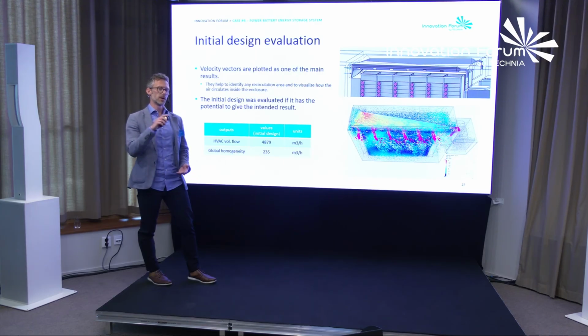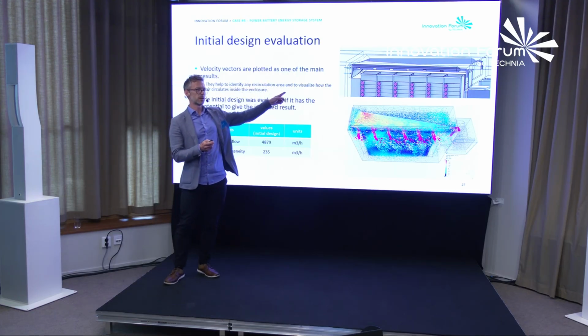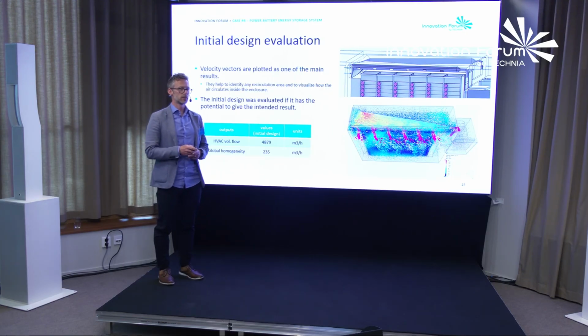And we want to decrease that, meaning if that becomes small, we have an even distribution of the cold air. This is the initial design, how it looked from the beginning. You see there are 6 holes, exit holes for the cold air, and it's kind of a straight design. So the question is, how should it look like? How should it be designed to get the best possible cooling?